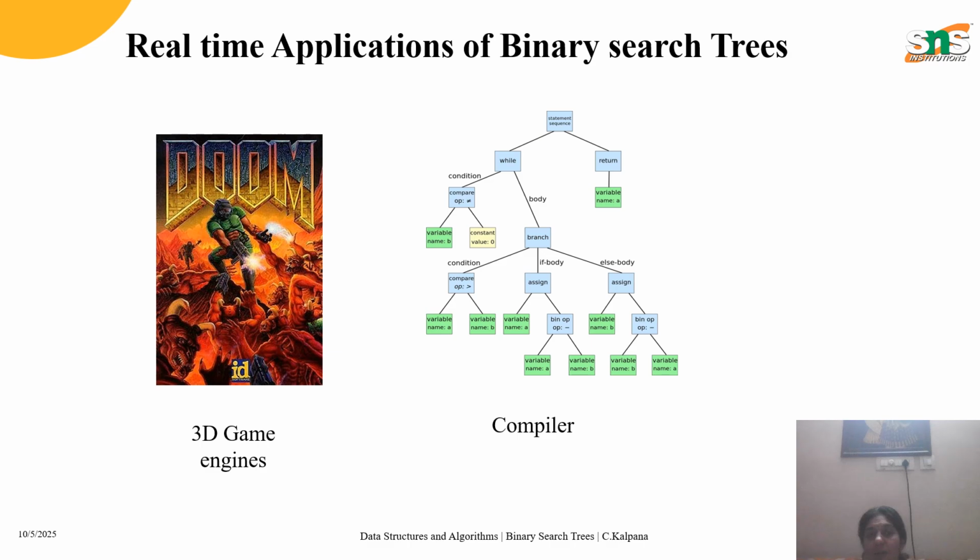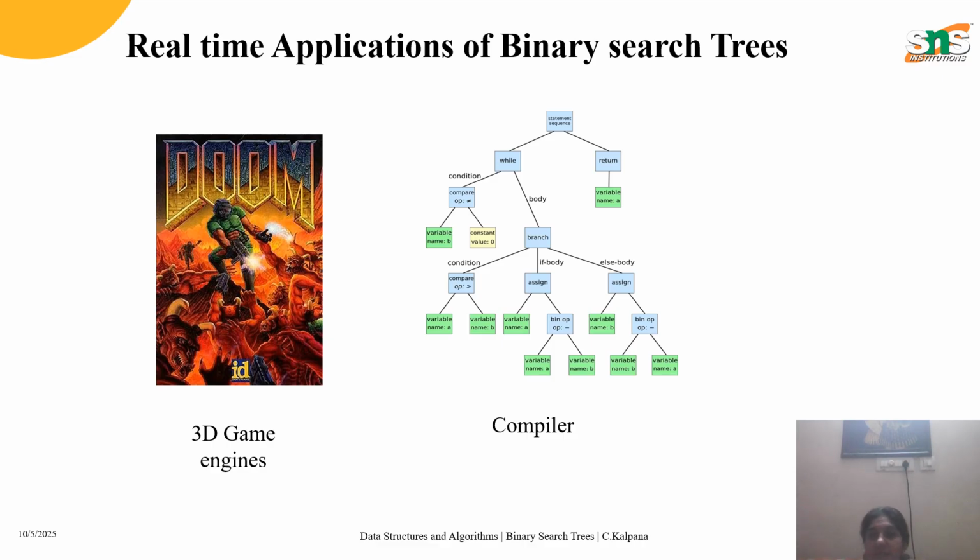Next are some real-time applications of the binary search tree. The first is in 3D game engines, where the binary search tree is used to determine which object should be rendered in a 3D world.